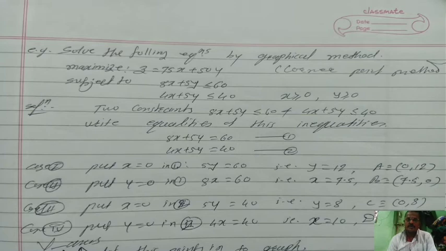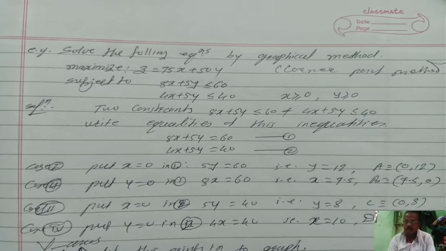Therefore, we have a point. X is 0, y is 12. First write the x coordinate, second y, that is 0, 12. Therefore, first point A is 0, 12. Case number 2: put y is equal to 0 in equation 1. We use equation 1 two times, case first and case second.